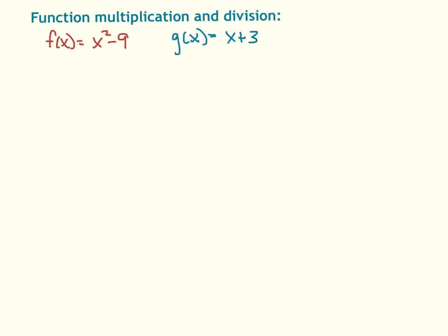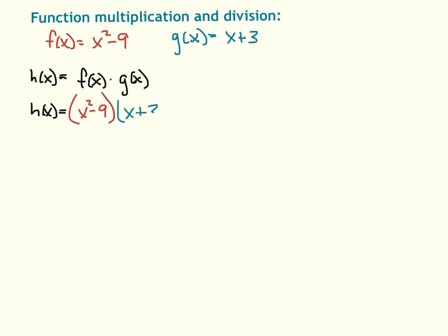If I were to make a new function h of x by multiplying f of x times g of x, what would that new function be? So I take h of x equals x squared minus 9 times x plus 3.